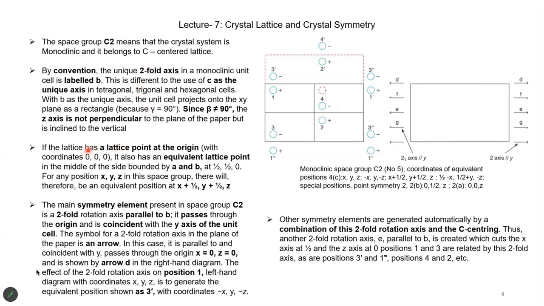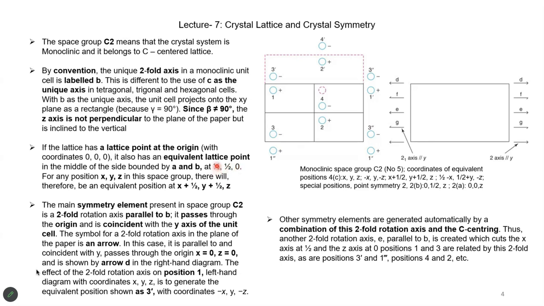So I said this is the lattice point at the origin. Let's say we are talking about a lattice point in this space group, which we fix at coordinate 0, 0, 0. It is just a convention. It also has an equivalent lattice point at half, half, 0.